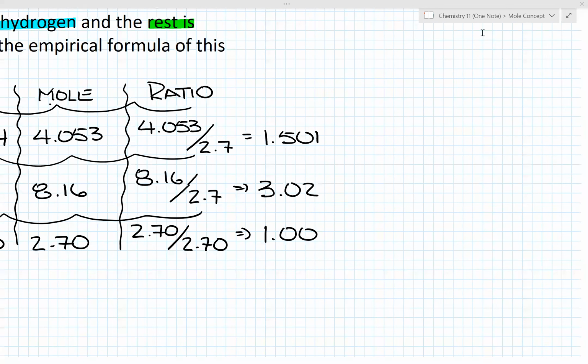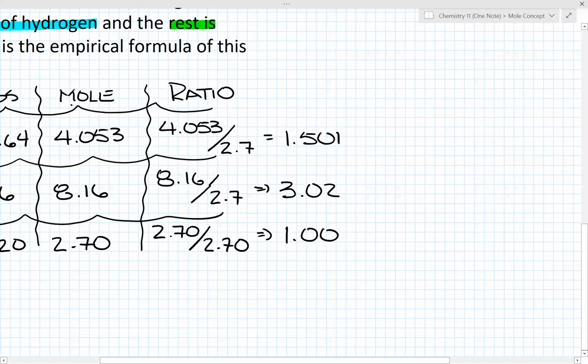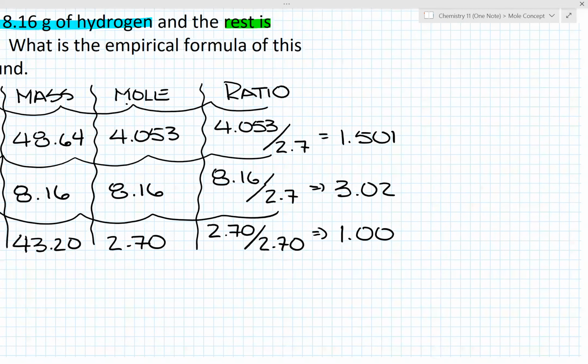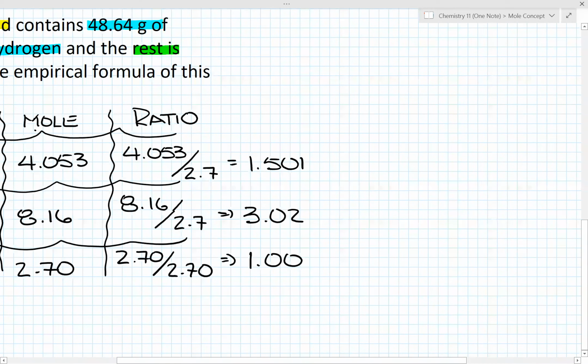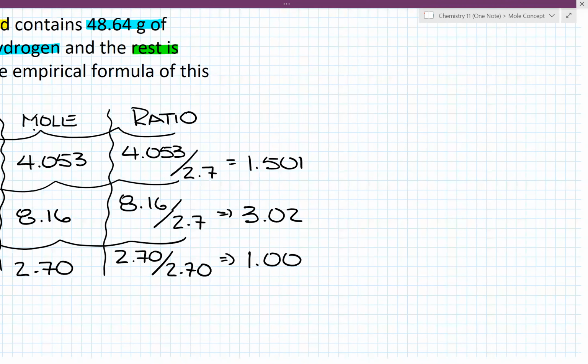Welcome back. So what you see right now is I've done the calculations and I've gotten my ratios of carbon, hydrogen, and oxygen to be 1.501, 3.02, and 1.00. Now, you notice the number here, especially the 1.5.